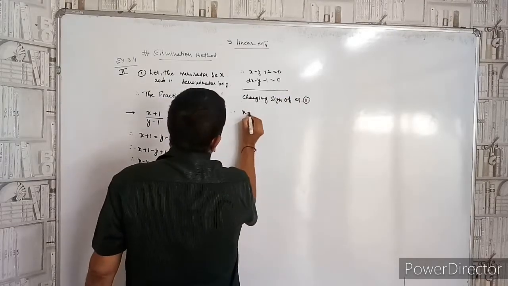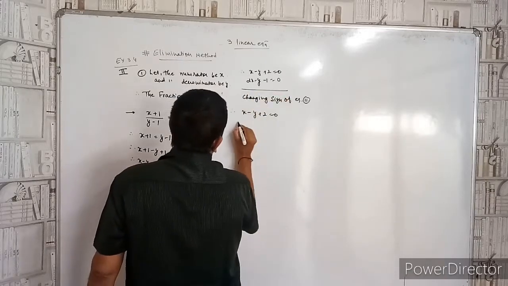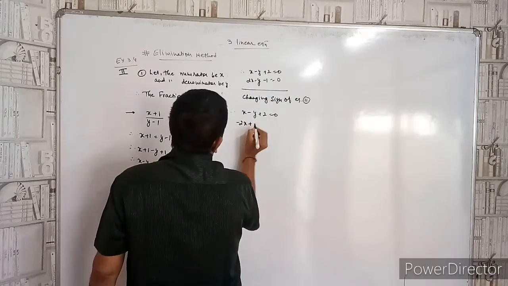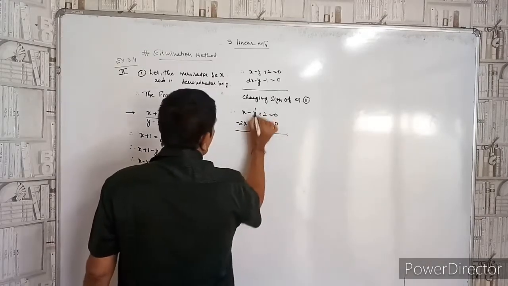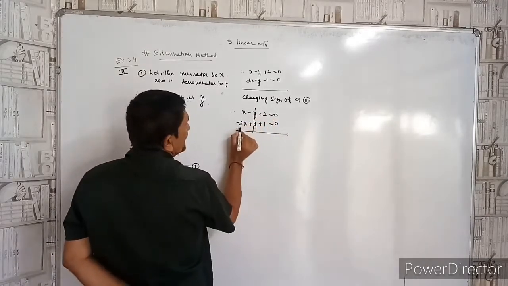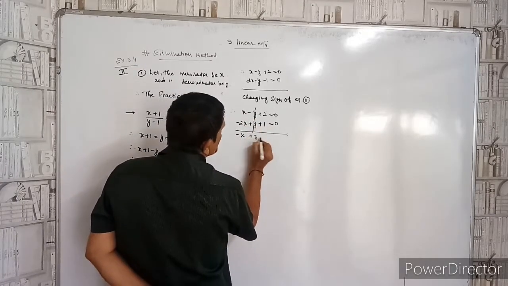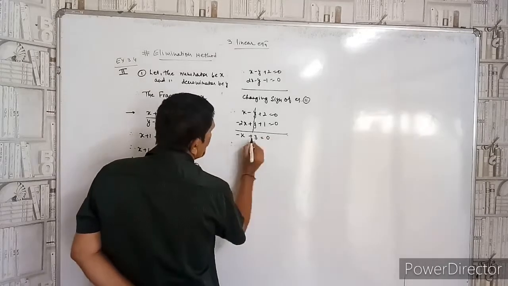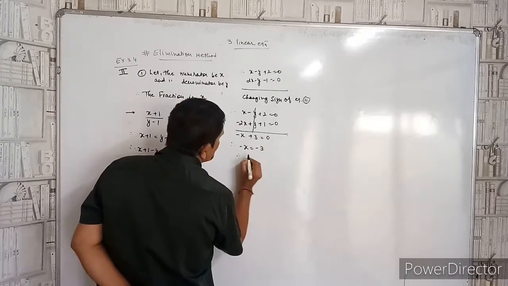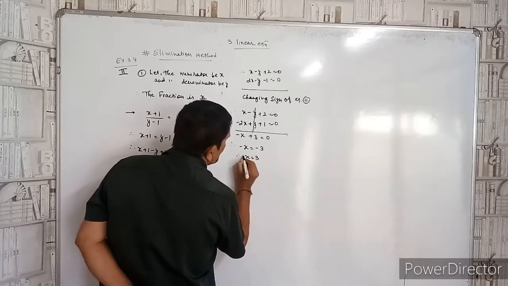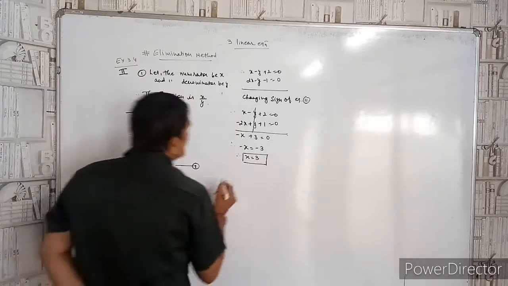So therefore 1 will remain as it is, and second its sign will change. Minus 2x plus y plus 1 is equal to 0. So now y will be cancelled. Minus 2x plus x, so it is minus x plus 2 plus 1, it is plus 3 is equal to 0. Now 3 we have to shift. Minus x is equal to minus 3, so therefore x is equal to 3. So numerator is 3. Replace this in any of the equations.